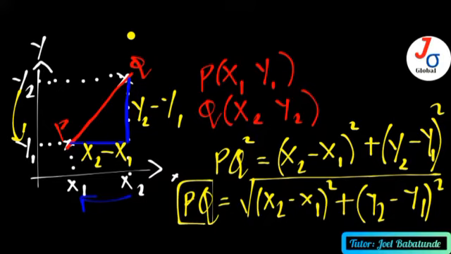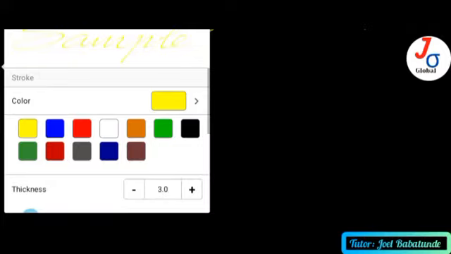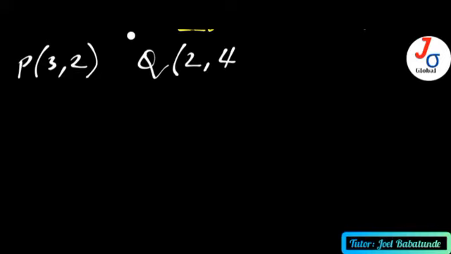So let's take examples to actually see how to use this formula. All right, so let's say we have this point P, 3, 2, and then you have another point Q, 2, 4.